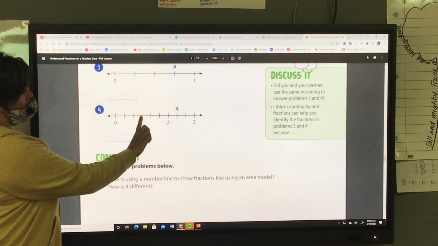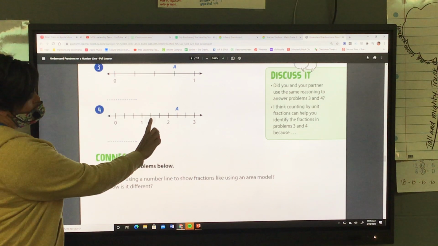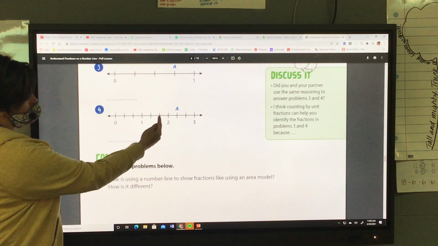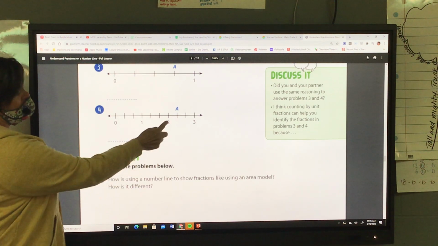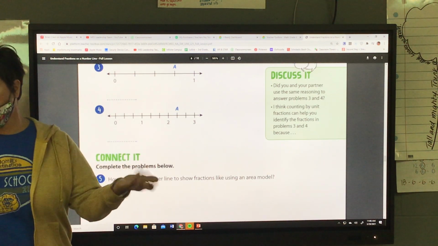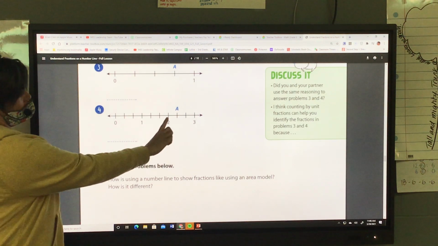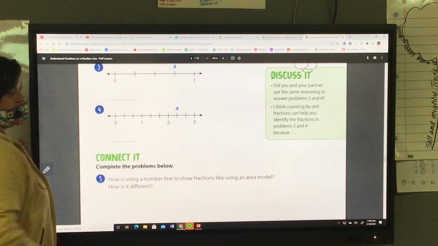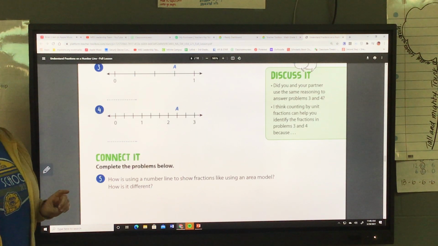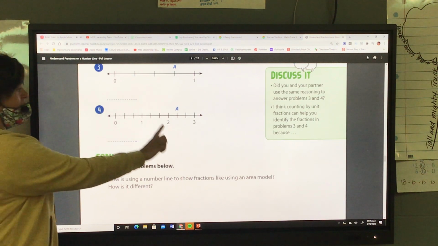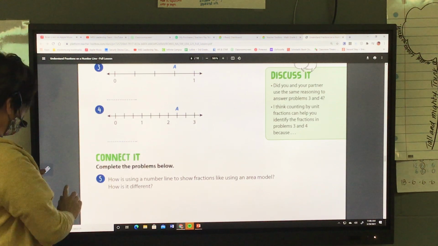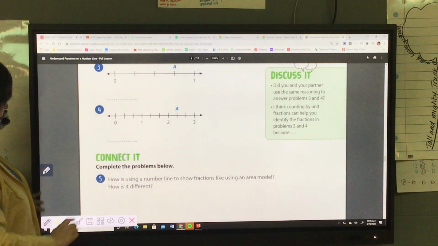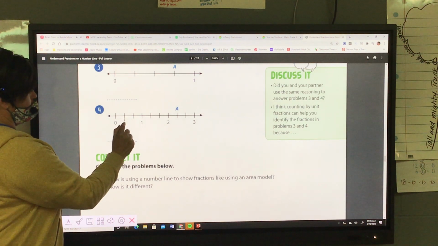This would be 1 and 1/3, 1 and 2/3, 2 wholes, right? So now this would be 2 and 1/3. Because if I were going to label all of these, friends, of course we have 1/3, right?